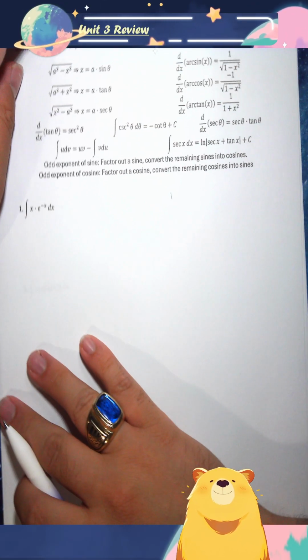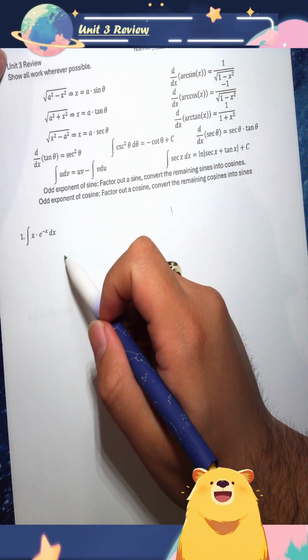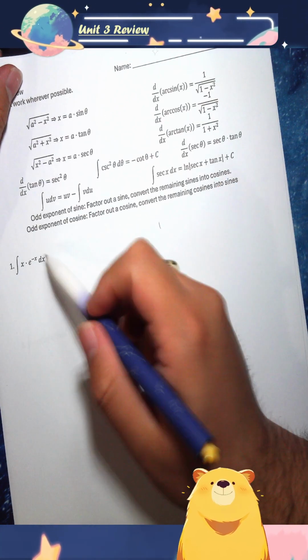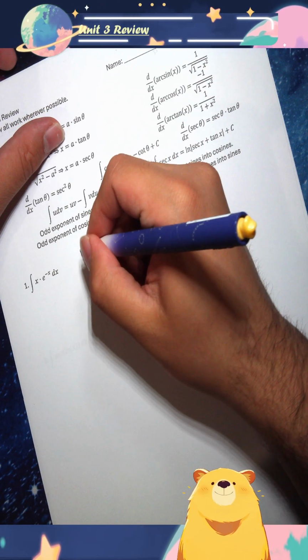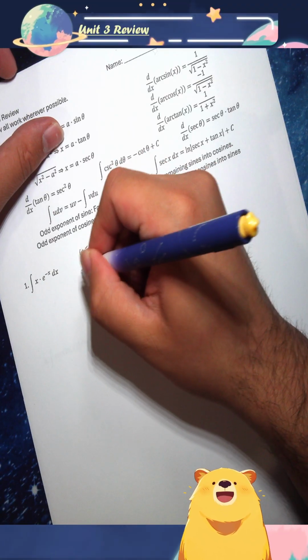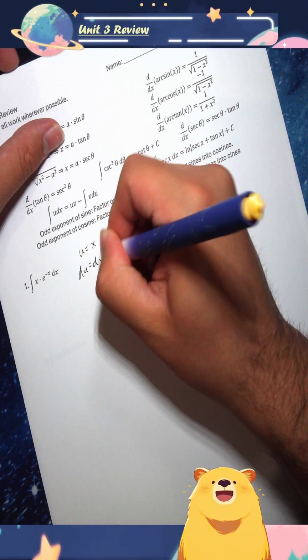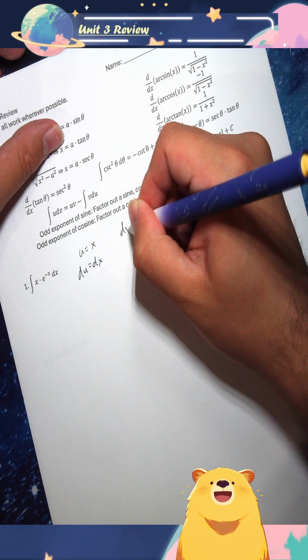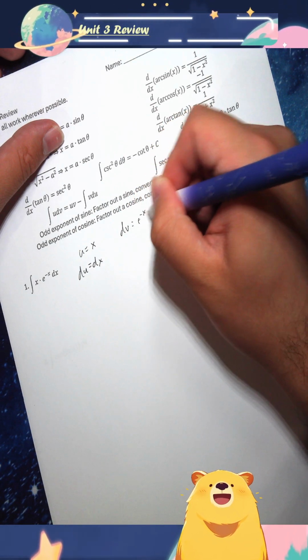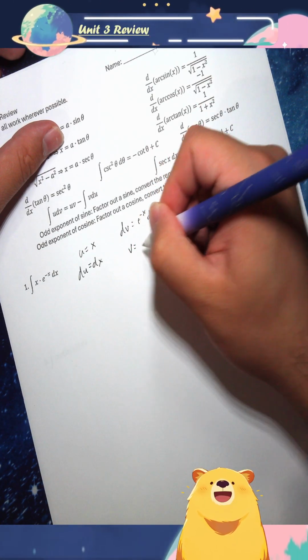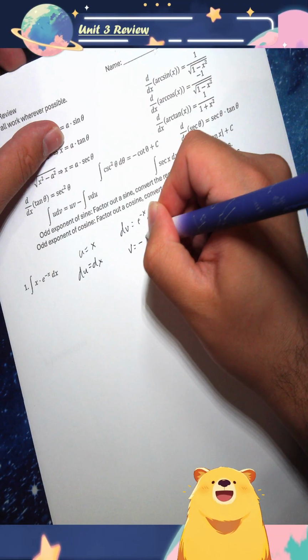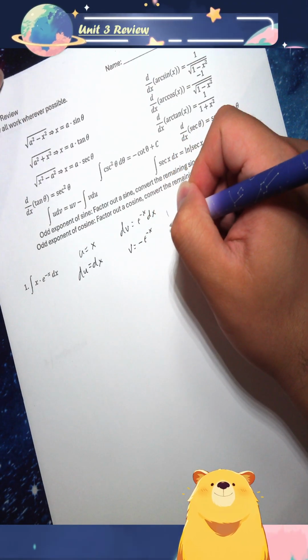Okay. So first we have this integral set up here. This is not a substitution. We definitely have to do integration by parts. We'll let u be x since that will decrease. du is dx. And we'll let dv be e to negative x dx. Excuse me, that means v is negative e to negative x.